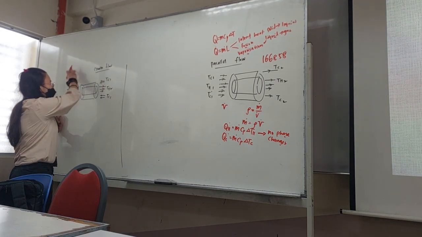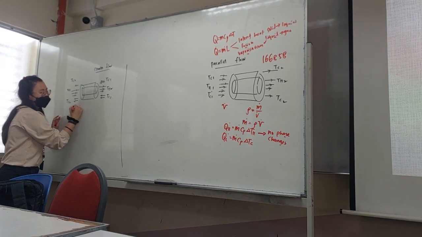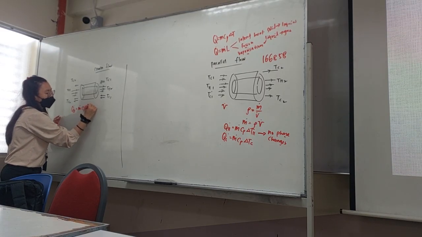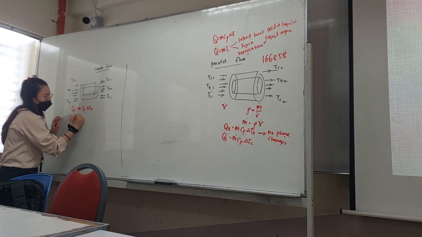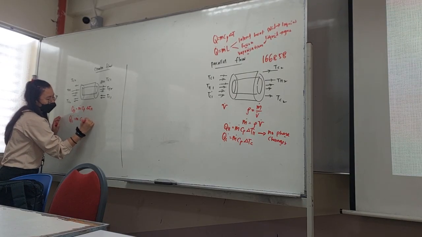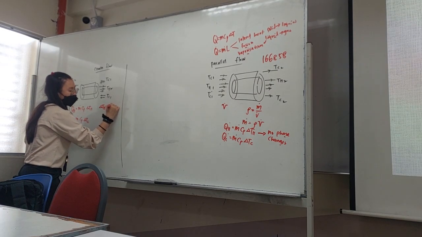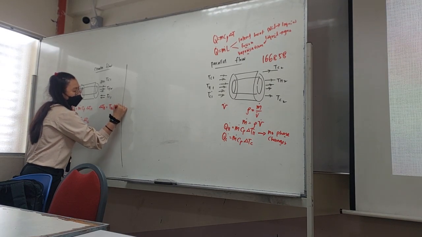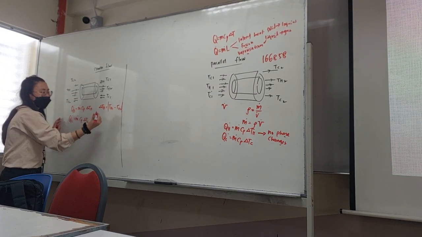So for counterflow, QH equals m dot Cp delta TH, and QC equals m dot Cp delta Tc. Delta TH uses TH1, TH2. Since you know the directions already, it's a positive answer.